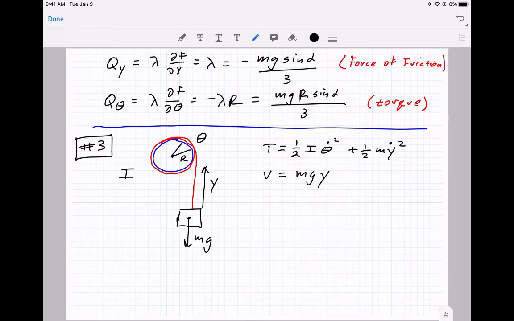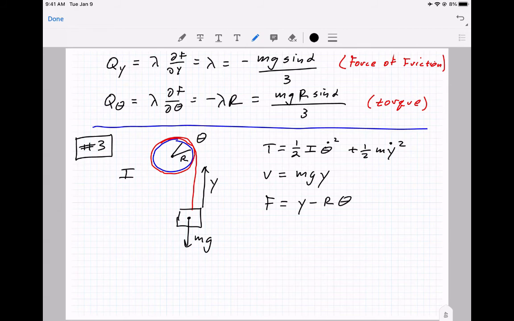And I have my equation of constraint, which I'm going to write. And again, this is just the arc length, right? As y increases linearly, it's directly equal to the arc length of the rope that's unwinding off of the pulley. And so that means that this is just y minus r theta.